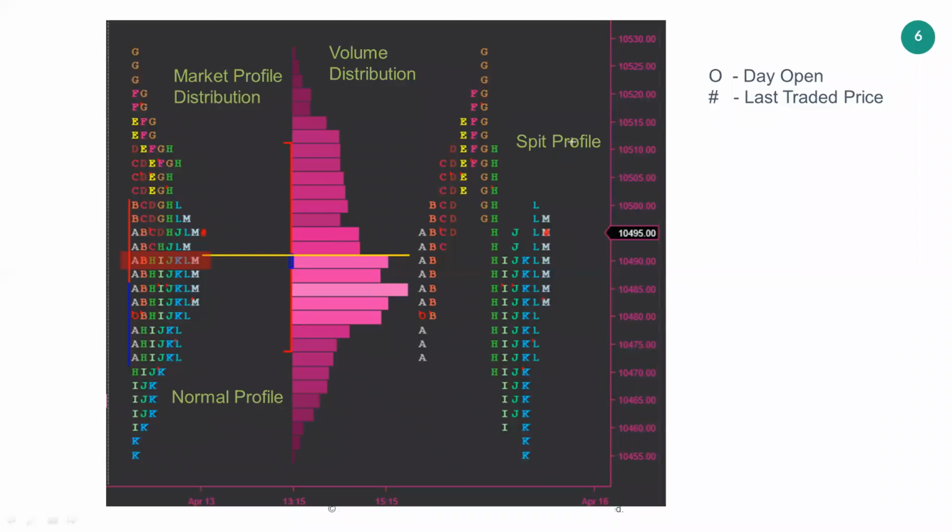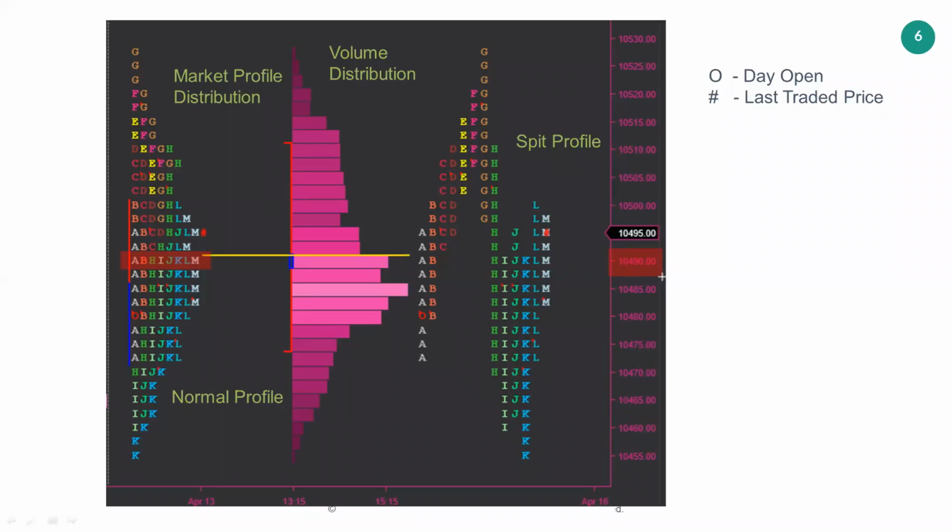What do those 8 letters mean? 8 letters means 8 times probably the 10,490 level has been touched on that particular day. It's not only one time. 8 times continuously that particular price was coming and testing again and again. There are days you could find 12 times, 13 times a particular price would have been touched. Why is it happening so?